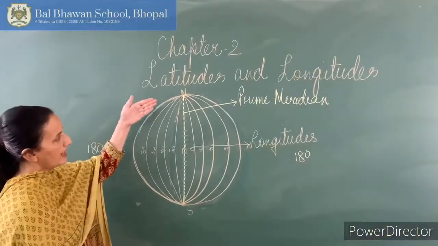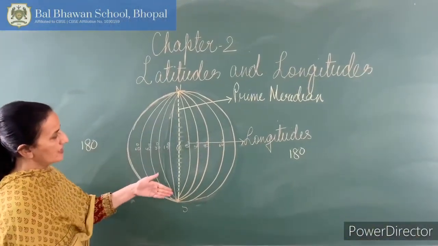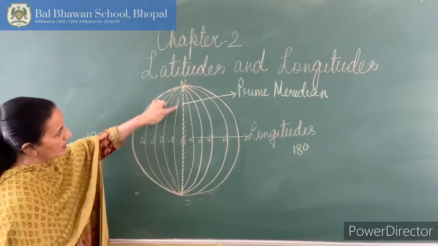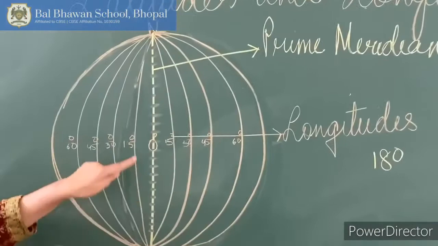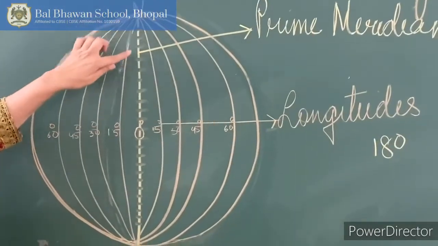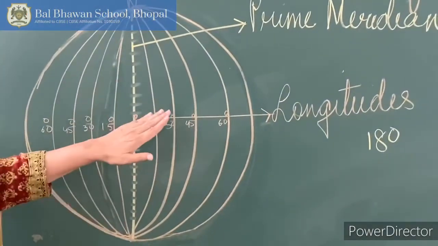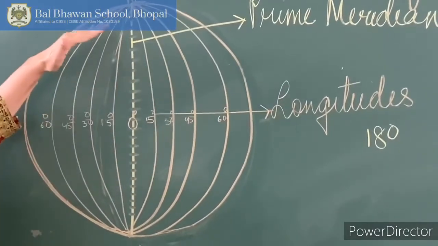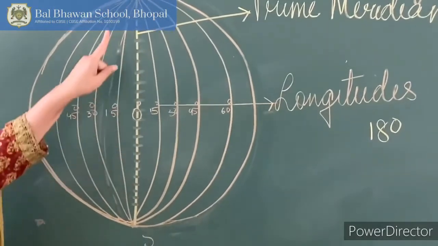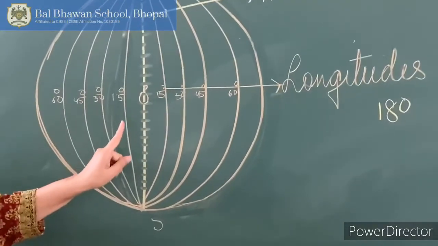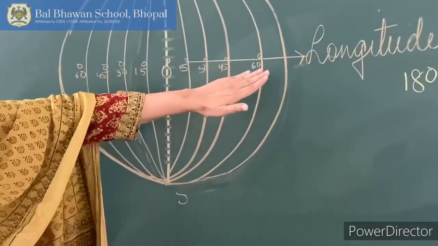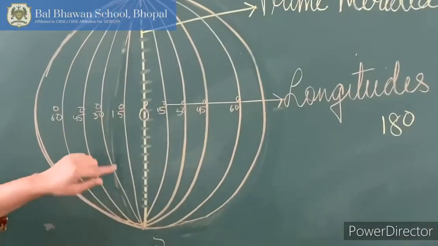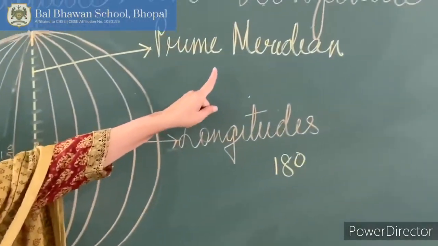Okay children, as you can see in this image, here we find one dotted line which runs from north to south. It is dividing the globe into two equal halves, just like the equator divided it into north and south. This line is dividing the globe into east and west. This dotted line is called the prime meridian.